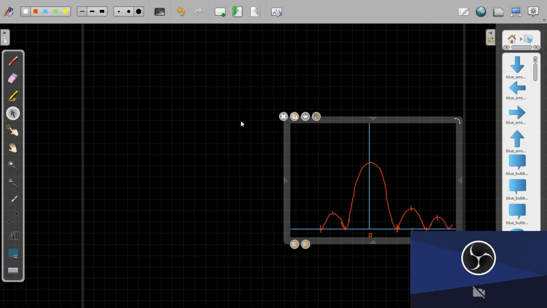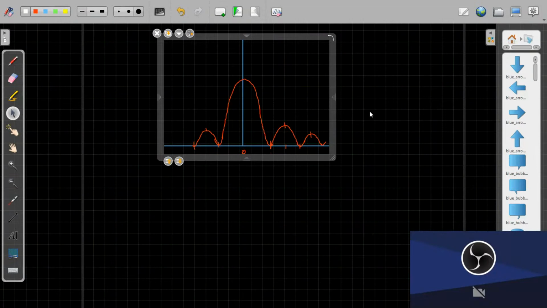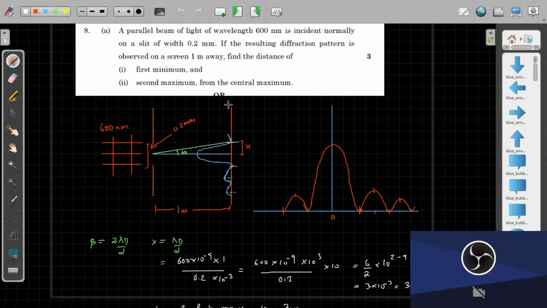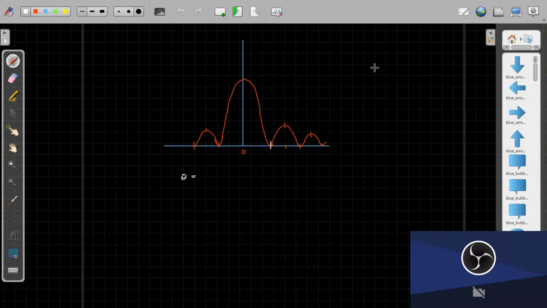Here I'm going to revise one thing, which is, let us draw this first. If you remember, the position of minima is given by the path difference d sin theta n equals n lambda.